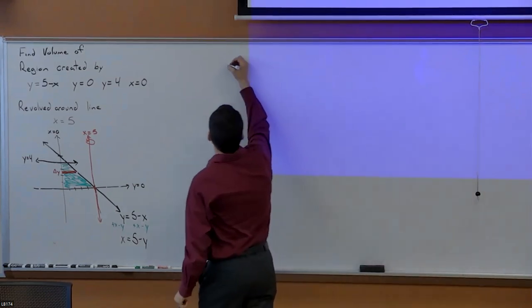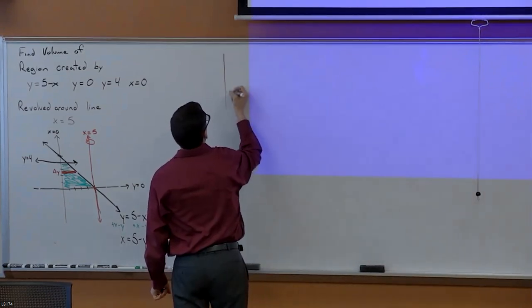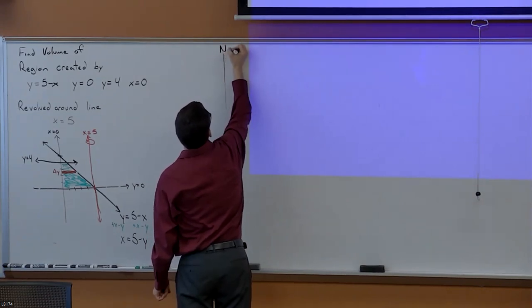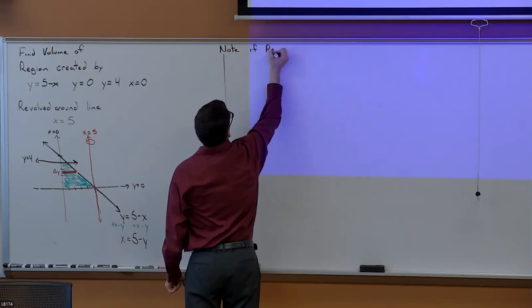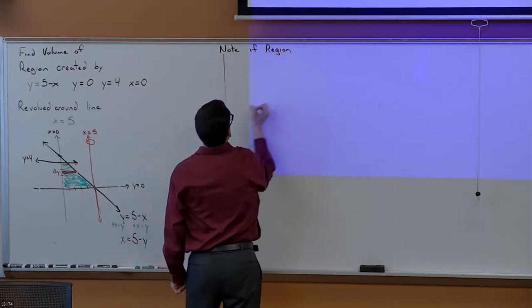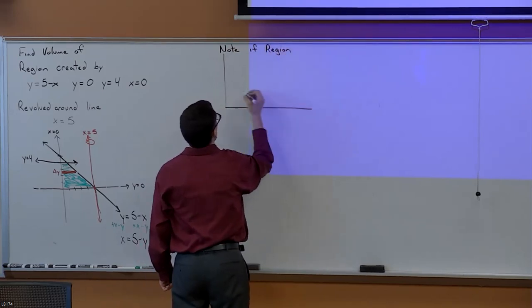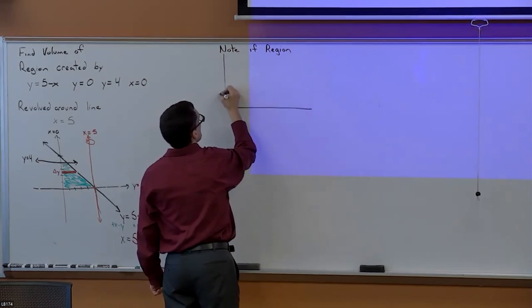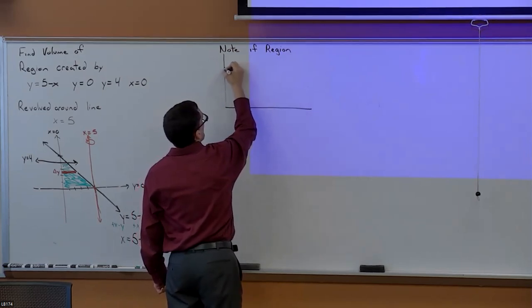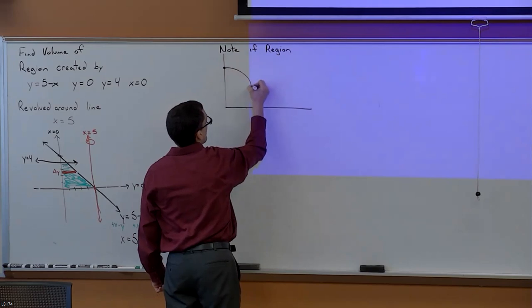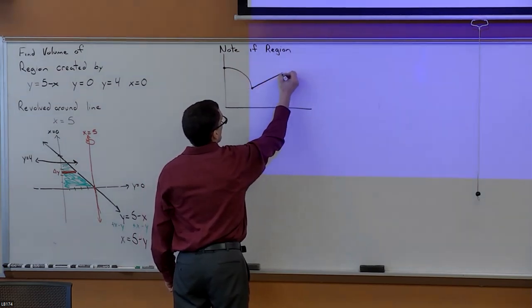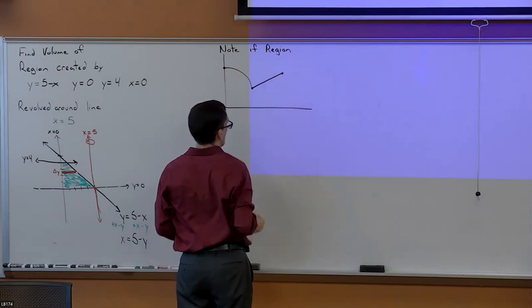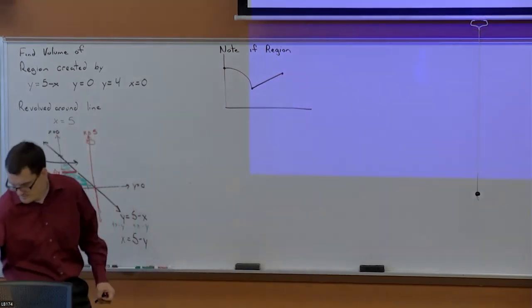But let's pretend, I just want to make a note. If my region is something like this, so it goes from here to here, and then there's a straight line going from here to here.